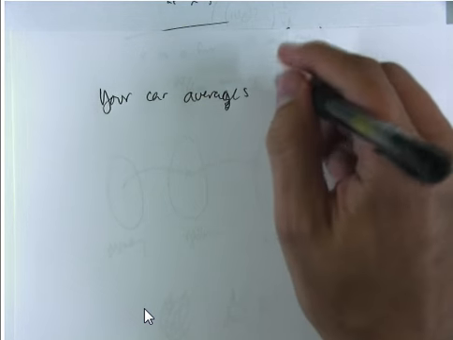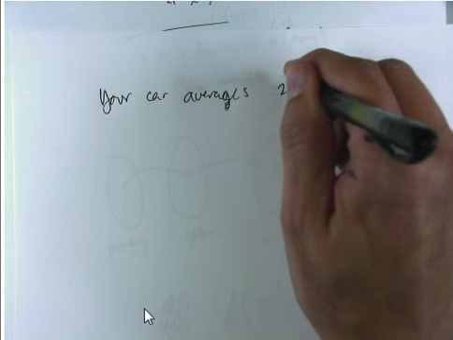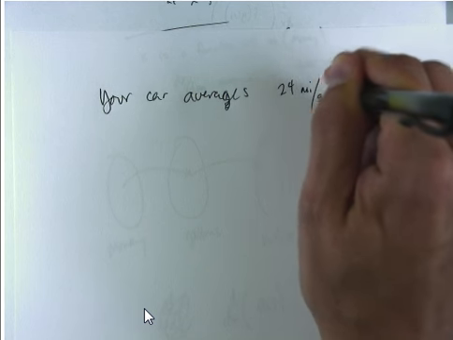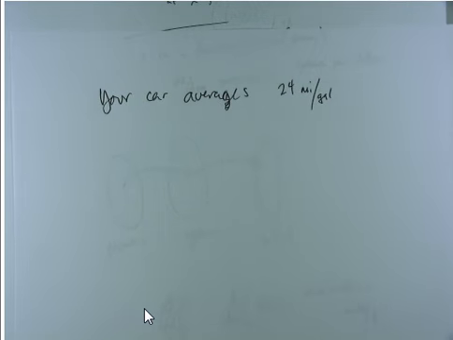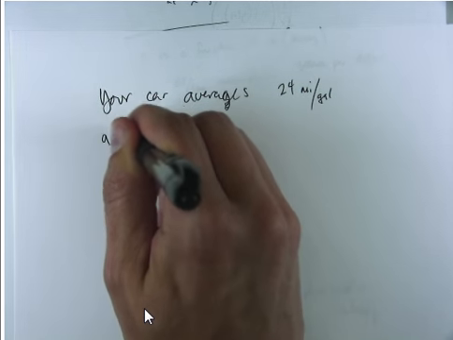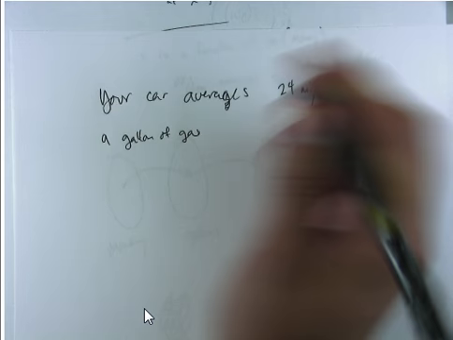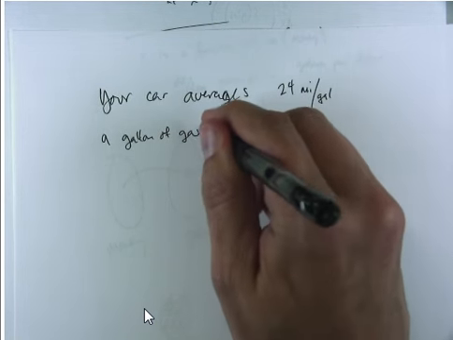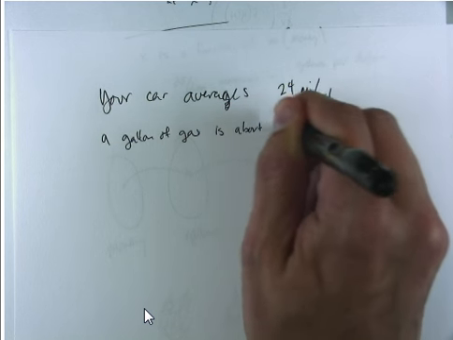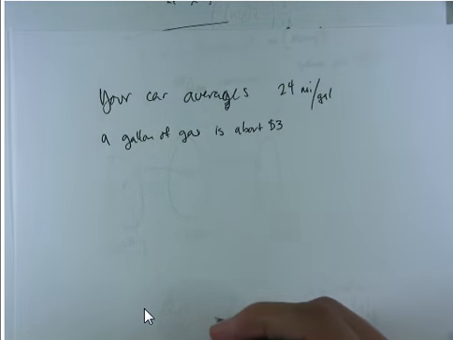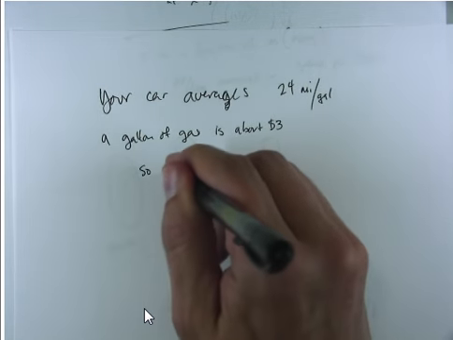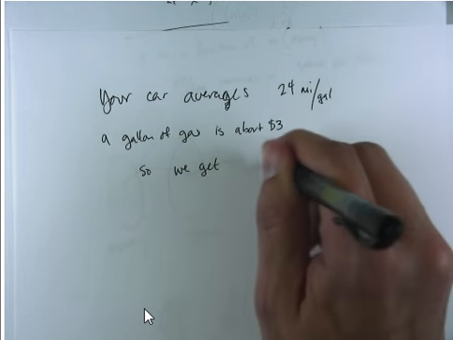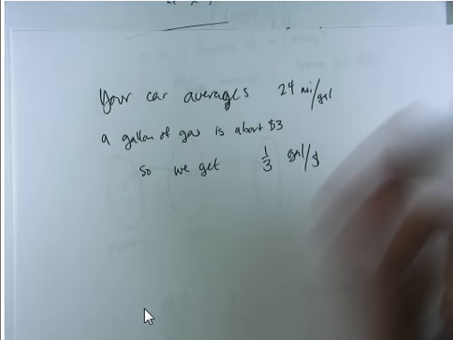Your car averages, let's say, 24 miles per gallon. That seems like a reasonable number to assume for some of us. A gallon of gas, let's say, is about $3, so we get 1/3 of a gallon per dollar.